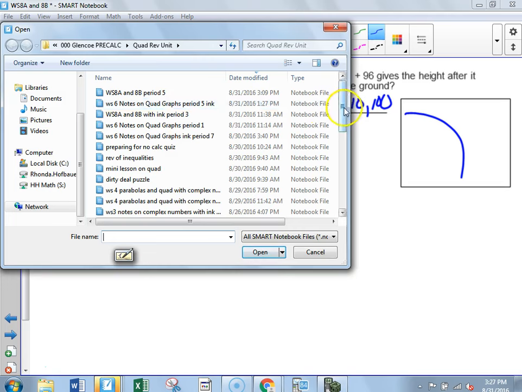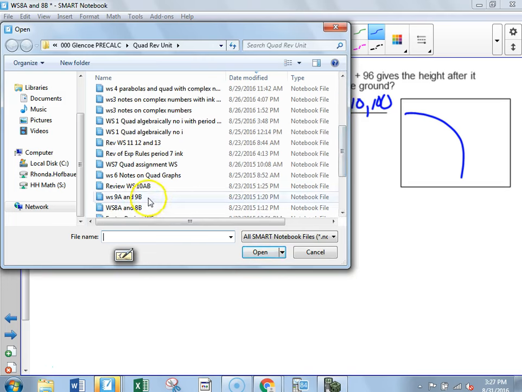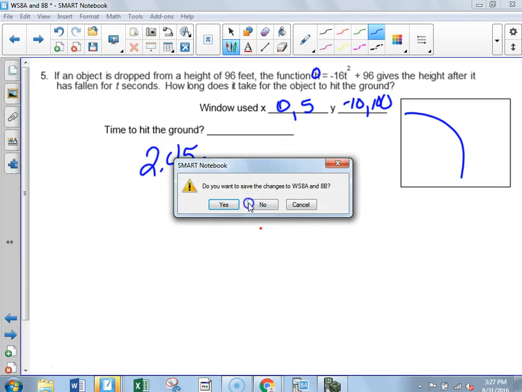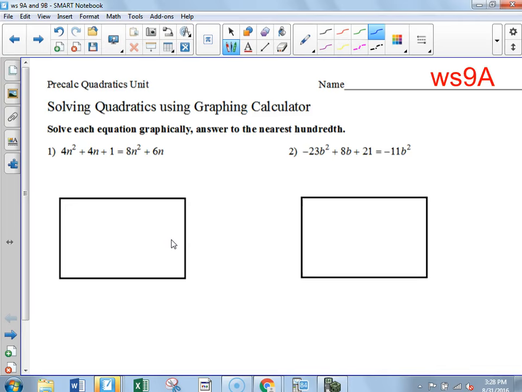If you wanted to do side A, which doesn't have word problems on it, let me just show you something. What I want you to do is to solve graphically, it says, okay?